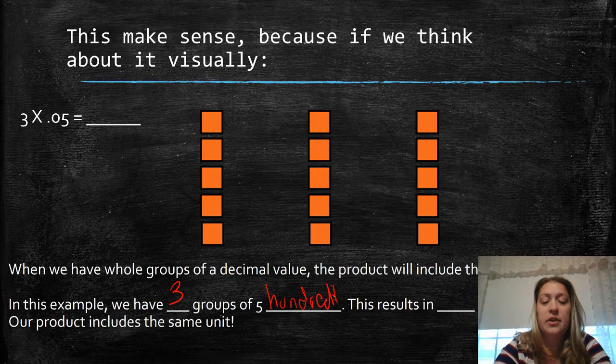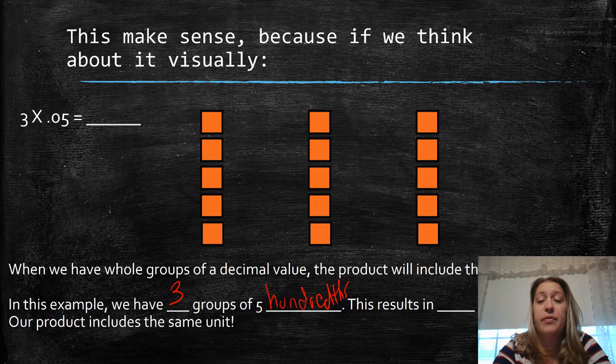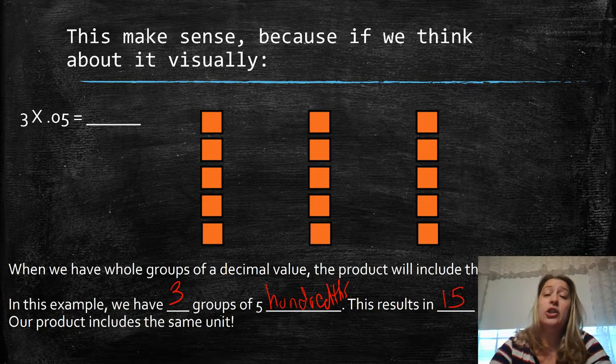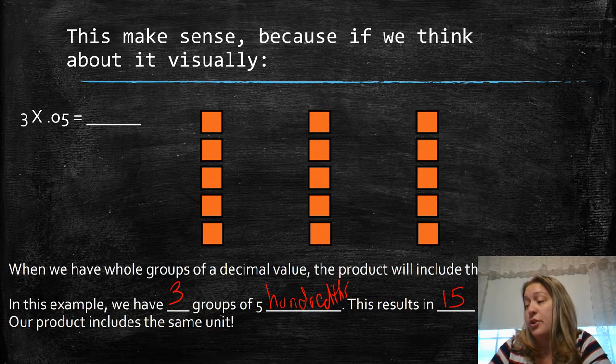And this would result in 1, 2, 3, 4, 5, 6, 7, 8, 9, 10, 11, 12, 13, 14, 15 hundredths. So our product includes the same number of units that we see in our original problem.